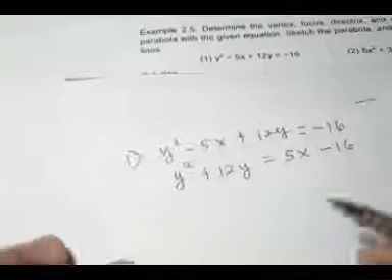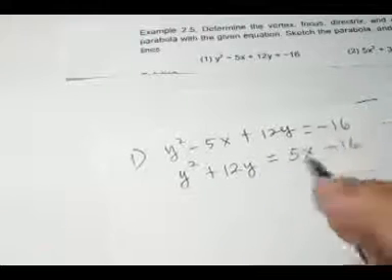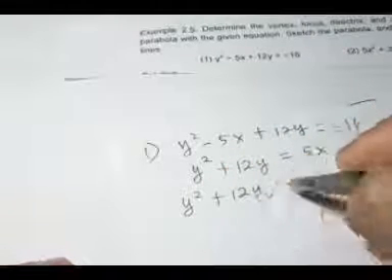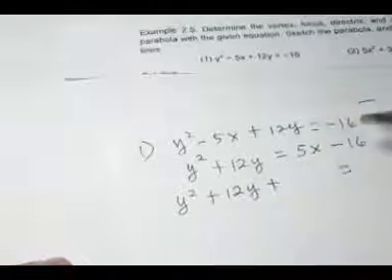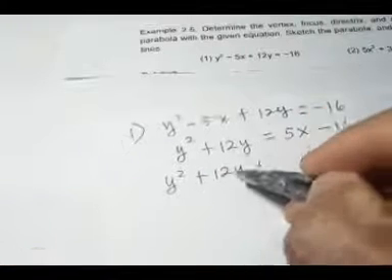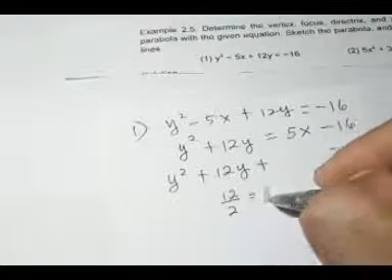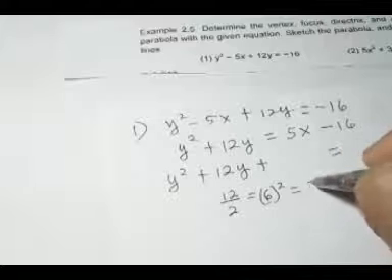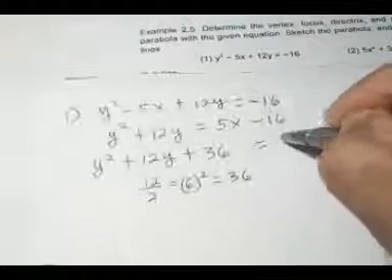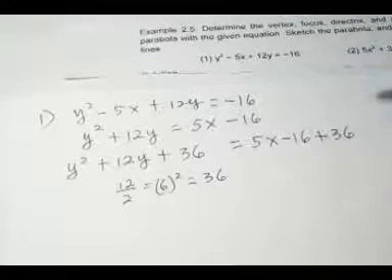Okay, next, complete the square on the left side so that we will produce a perfect square binomial. So y squared plus 12y plus, always divide the coefficient of y by 2. 12 divided by 2 equals 6, then square 6 equals 36. So plus 36, and on the right side 5x minus 16 plus 36 also.